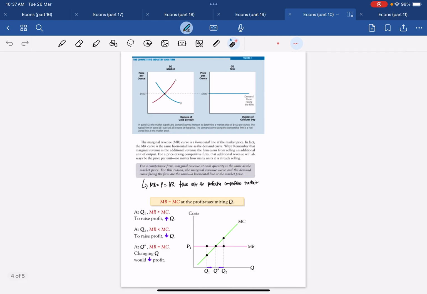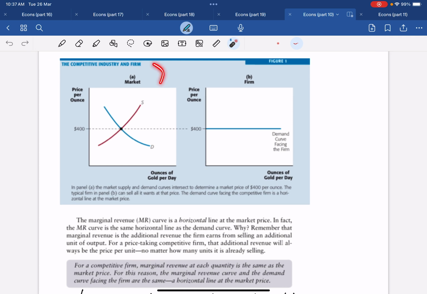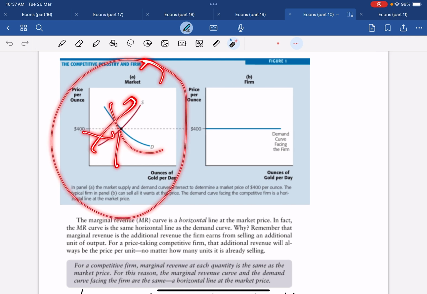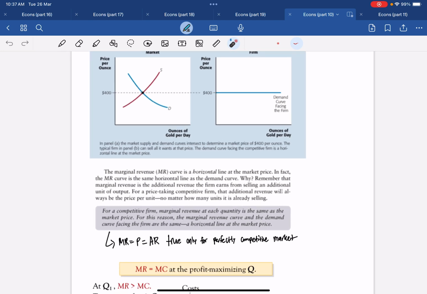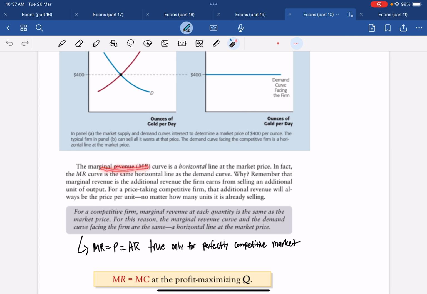With this price, we go to the firm, and you can only produce at this price. A way of seeing it is that the market has supply and demand forces, which lead to a price and quantity. For the firm, this price becomes your demand curve because you can only sell at this price. So the marginal revenue in this case becomes a horizontal line in a perfect competition setting.